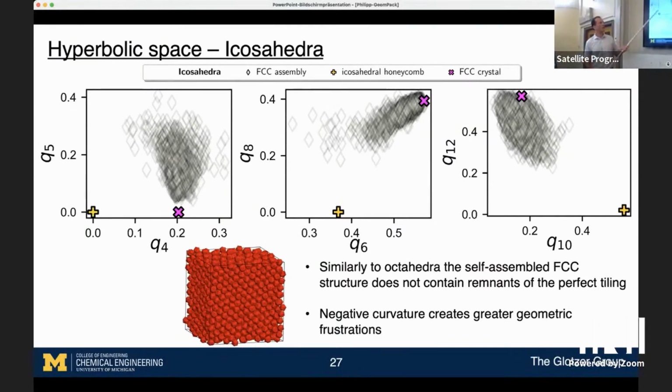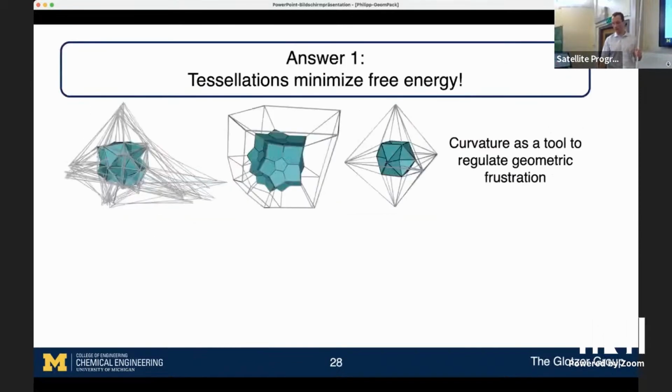So it hints that there is also a frustration escape in the icosahedral case. So everything tends towards these kinds of systems.